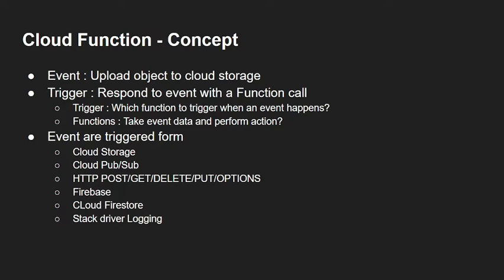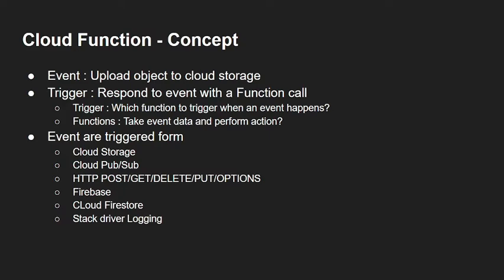Events for Cloud Functions can be triggered from a variety of places: object storage service in Google Cloud, which is called Cloud Storage, and Cloud Pub/Sub, which is a popular messaging service in Google Cloud Platform. You can also trigger it from HTTP calls. When an HTTP call arrives, you can call a cloud function in response.